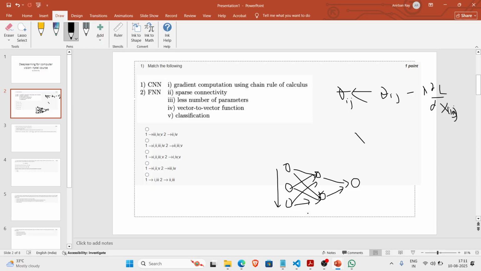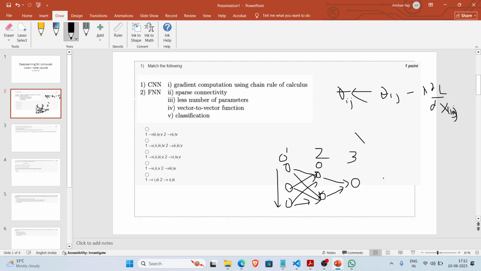Is it audible? Yes, sir. Okay, so suppose we call this layer 1, this is layer 2, and layer 3. This is our numbering, and you need the bias term as well.